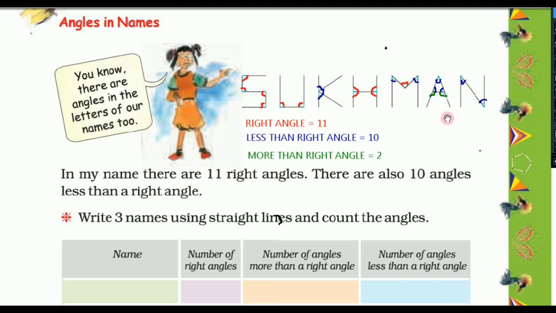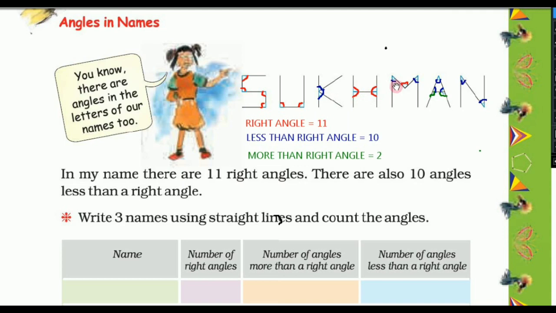So let's count how many right angles there are, then less than right angles, and more than right angles. So first we are counting right angles: 1, 2, 3, 4, 5, 6, 7, 8, 9, 10, 11.